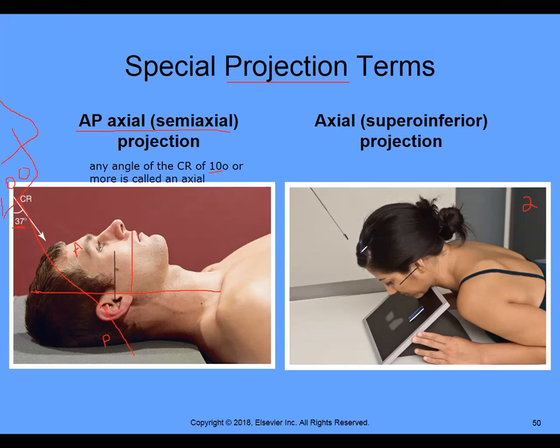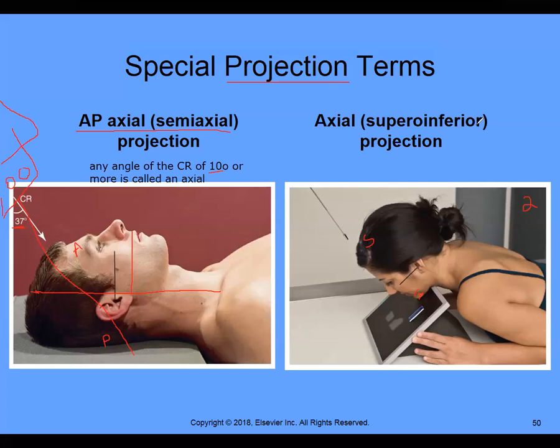Except in her case, the top of her head would be superior, I'm going to put an S, and then the bottom of her chin, or down here, would be inferior. So this axial projection is more than 10 degrees, but is entering in the superior aspect and exiting inferiorly. So this projection itself would be an axial superior inferior.